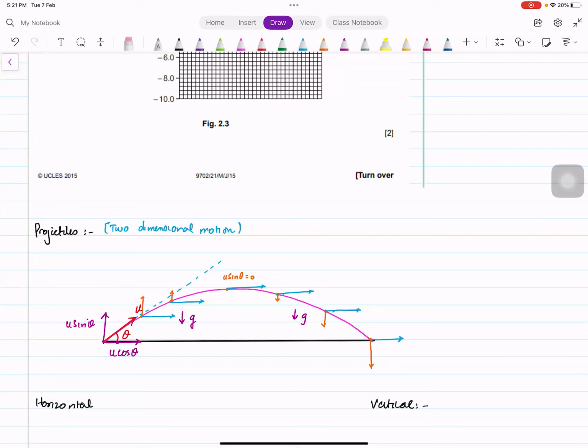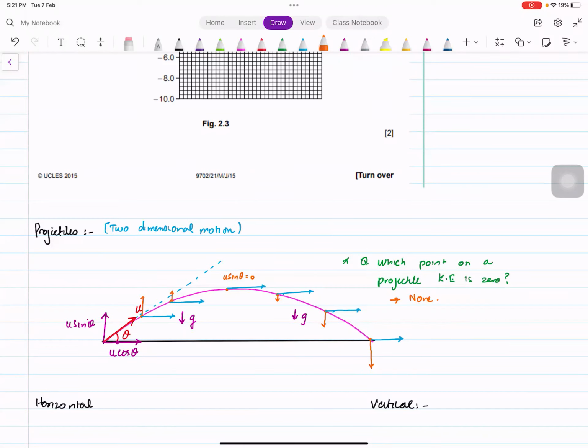So in any case, if the examiner asks you at which point on a projectile the kinetic energy is 0, so you say none.